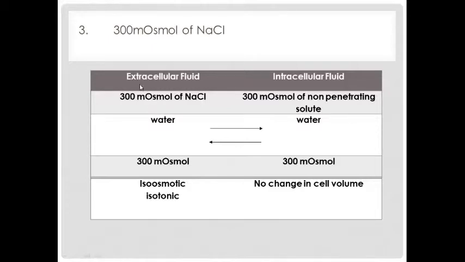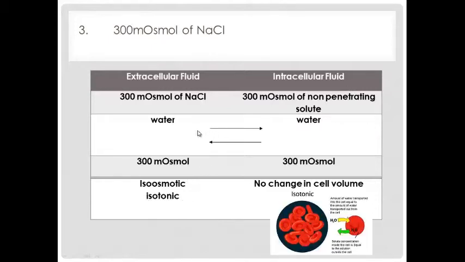The non-penetrating solute in the extracellular fluid is equal to the amount in the intracellular fluid, which is 300 mmol, so it is isotonic, where water moves in and out, causing no change in the cell volume, and the solution becomes colorless.